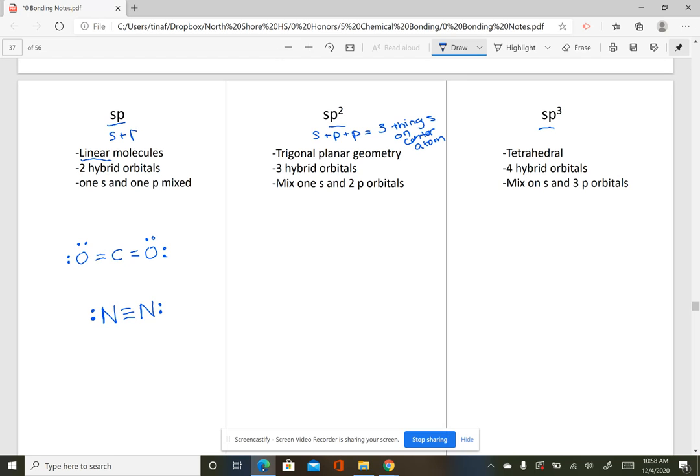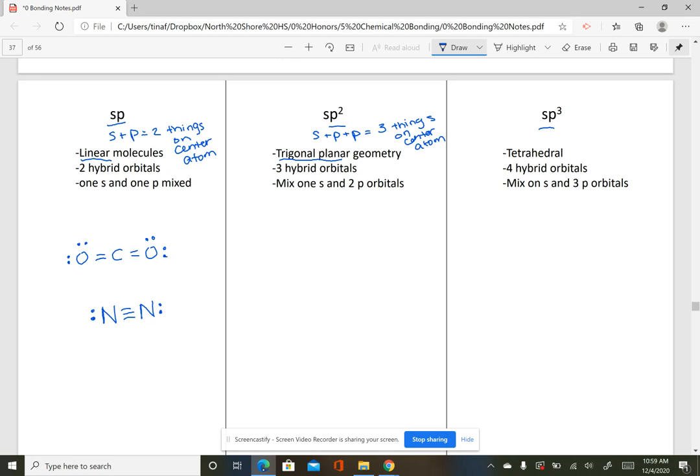S plus P equals two things on the center atom. Okay, so what you want to look for is that trigonal planar geometry. And we're talking about the electron domain geometry, guys.